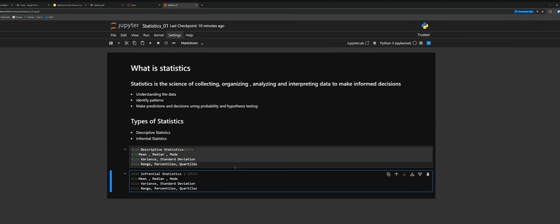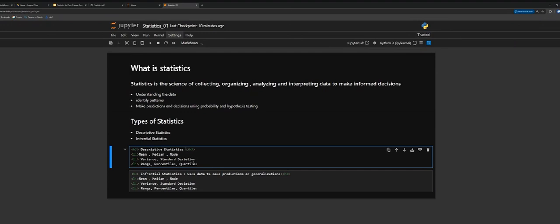I'll write it down. Generalizations. Whereas descriptive statistics summarizes data into meaningful information.